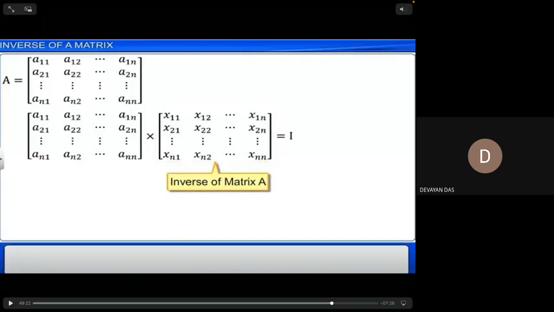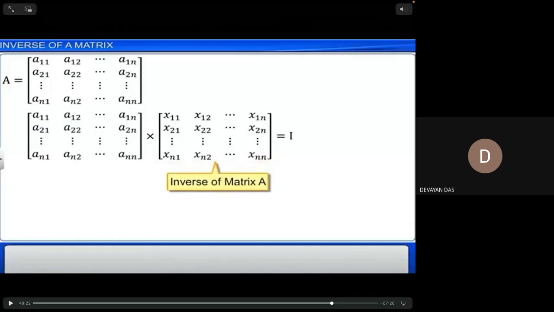When you multiply a matrix by any other matrix, if you get the identity matrix, the multiplicative identity matrix, then the matrix you are multiplying by is called the inverse of the given matrix.